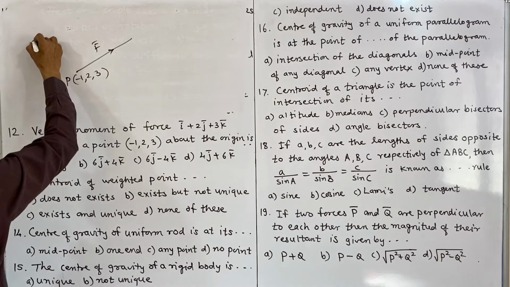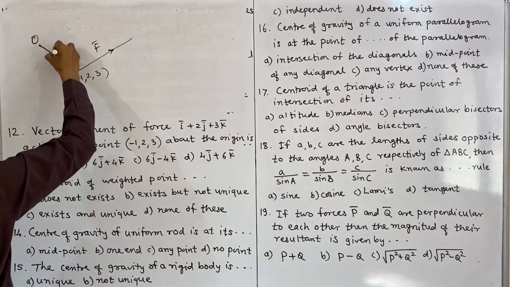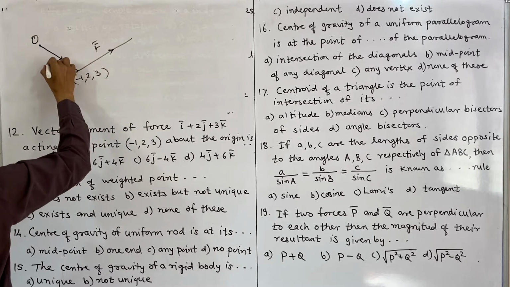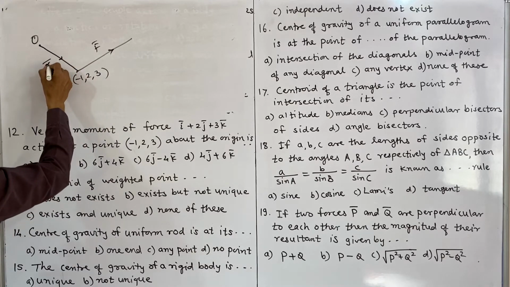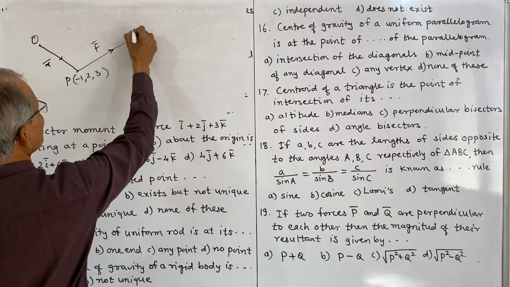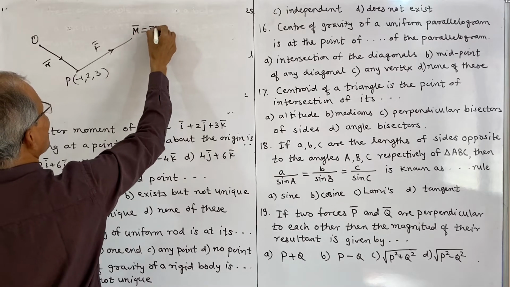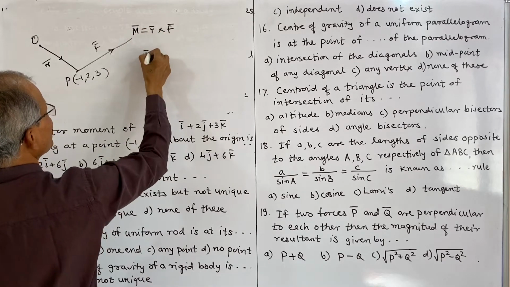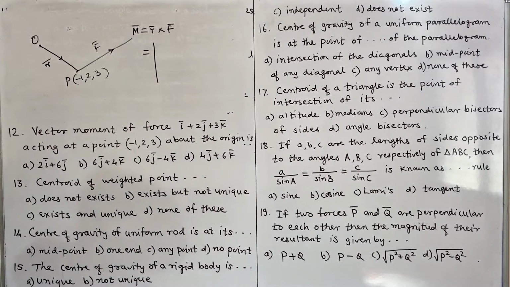Suppose the origin is here, then the moment of this force is given by r cross F, the cross product of these two vectors.